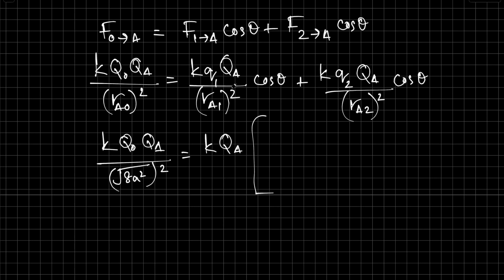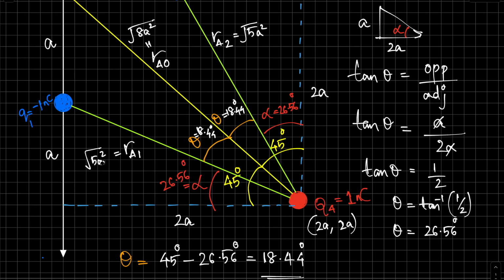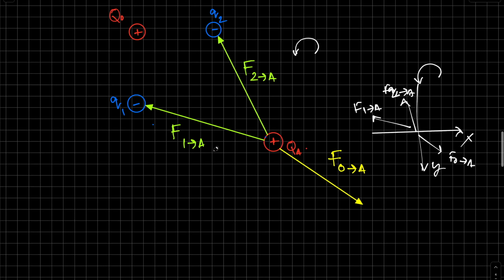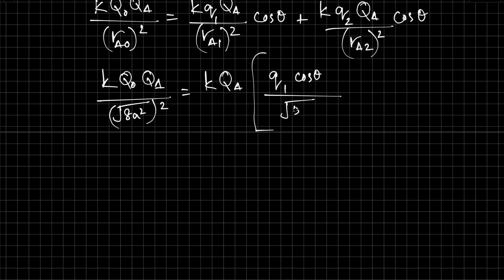If you remove K and QA from the first term, you are left with Q1 cos theta over RA1, which is root 5A square, the whole square.